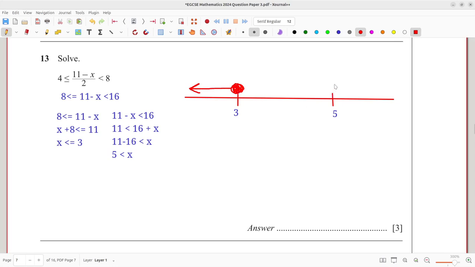So it's an open circle. Then greater than 5, it's going that direction. So the solution is both of them, and you are combining them with 'or'. So it's x less than or equal to 3 or x greater than 5. And that's your solution.